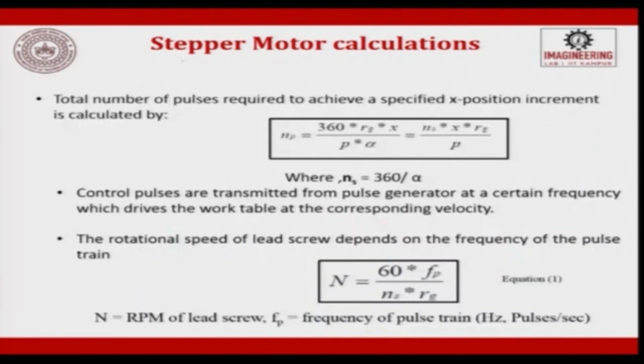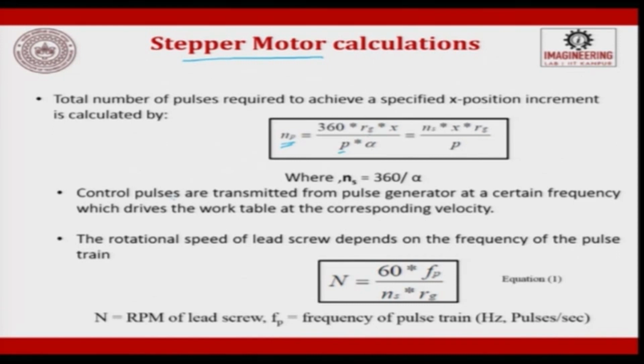So, for the stepper motor calculations, the total number of pulses required to achieve a specified x position increment is calculated by Np is equal to 360 into Rg into x divided by pitch into alpha.